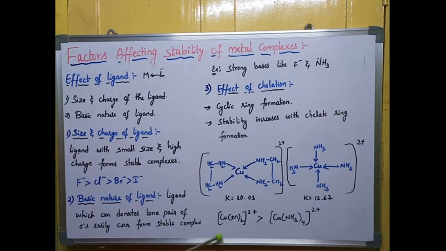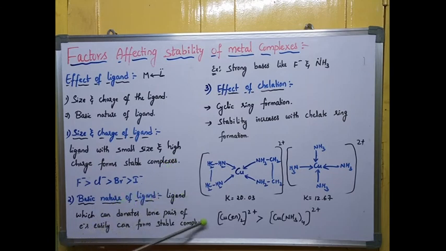I can give you the example. [Cu(en)2]2+ is more stable than [Cu(NH3)4]2+. Here NH3 is a normal ligand and en is a bidentate ligand. This bidentate ligand is forming a cyclic ring around the copper.